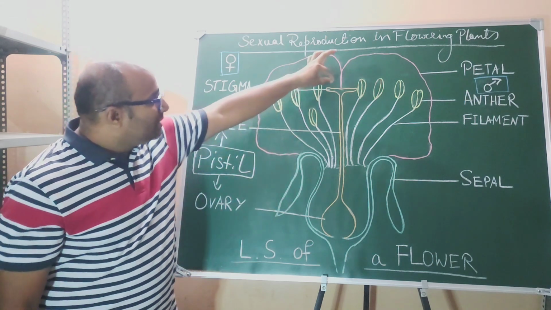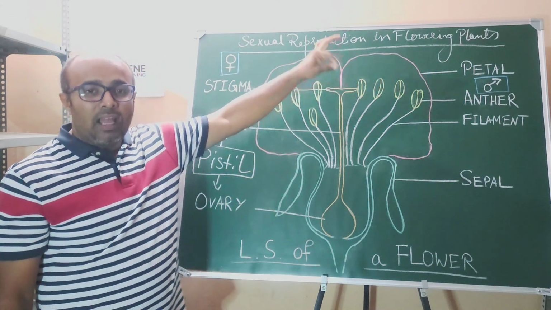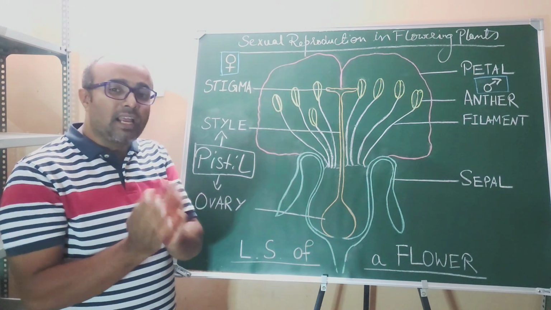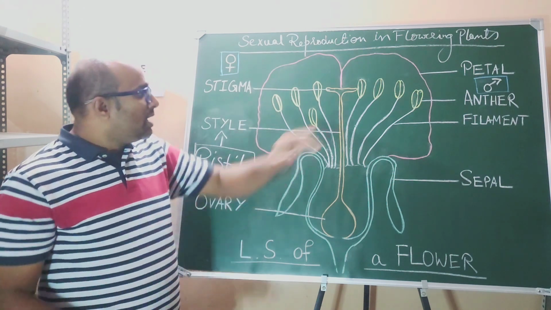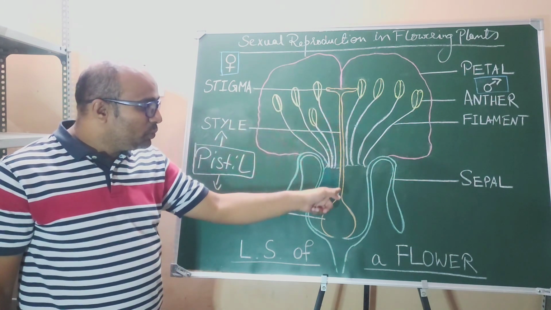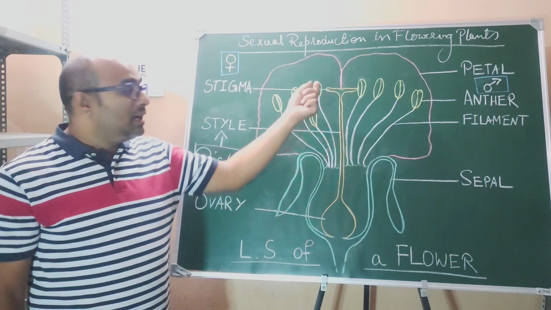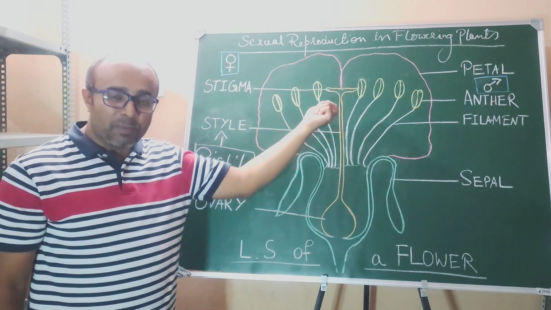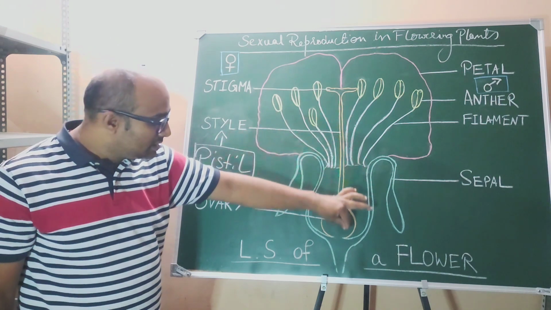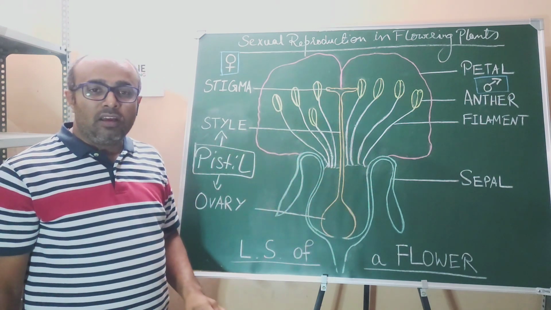That pollen grain has the chemotactic reaction happening, and from that a pollen tube develops from the pollen grain, runs down through the style and reaches the ovary.